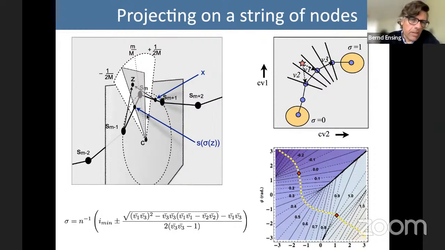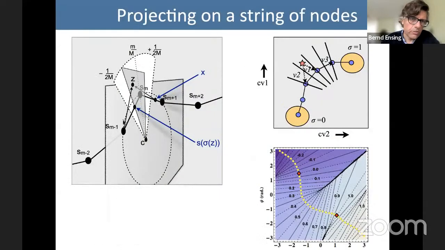And then what we would like to know is where we are on this arc, the part of the circle that goes through these 3 nodes. Now, that's not exactly what we calculate. I would like to know where I am on this thing, which is basically drawn by this gray plane. But instead of calculating that point, actually what I'm calculating is the projection on that line here. So there's a projection here.